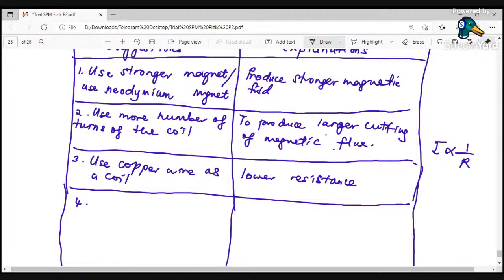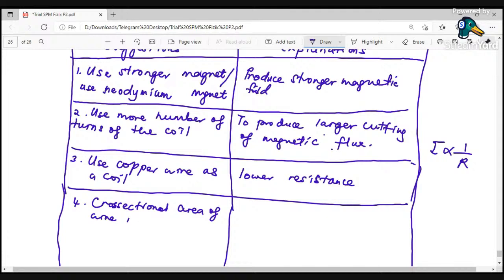Next suggestion: cross-sectional area, or thickness of wire, or diameter also can. This is the same reason as above, lower resistance. So you can repeat as long as it is suitable.